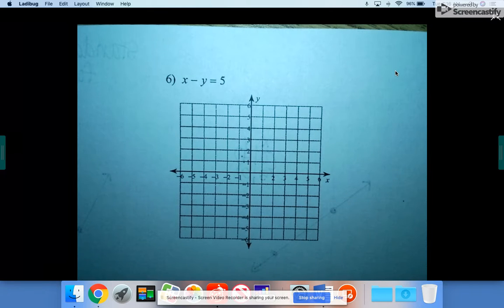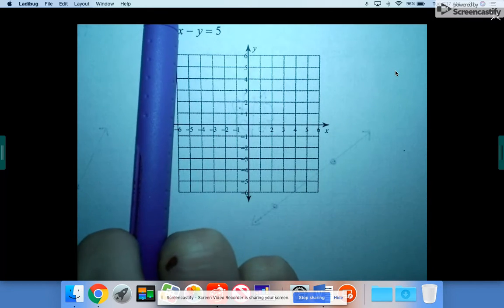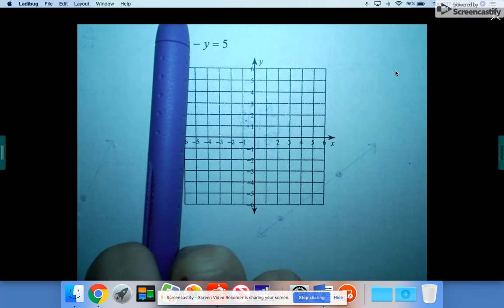Okay. Negative y is 5, and I need it to be a positive 5. So the only way to make a negative y into a positive 5 would be to make the y also negative, because a negative 5 becomes positive 5.